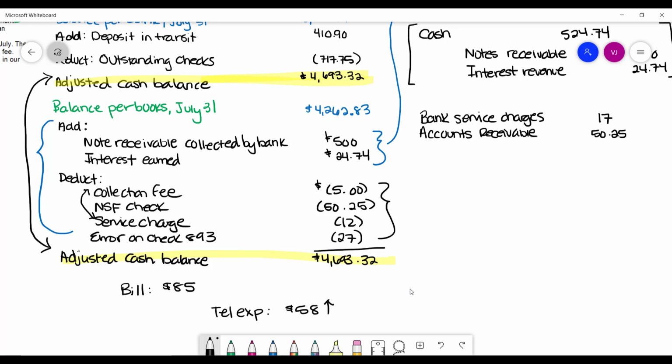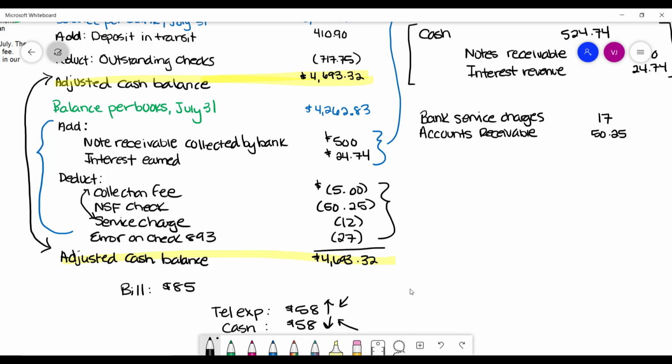So we increased telephone expense for $58, and we accidentally only credited cash for $58. So we didn't record enough of an expense, and we didn't reduce cash enough. We should have debited expense for $85 and credited cash for $85, but we accidentally put $58 there. We flipped those numbers around on accident.